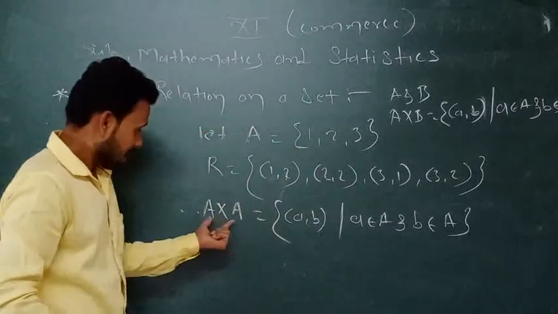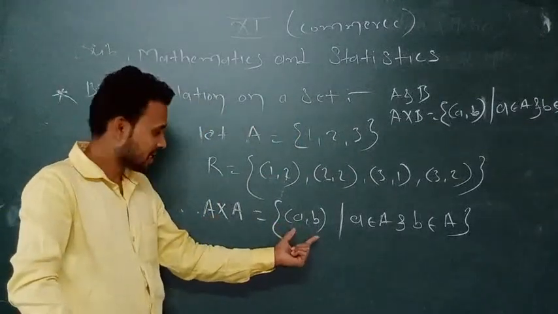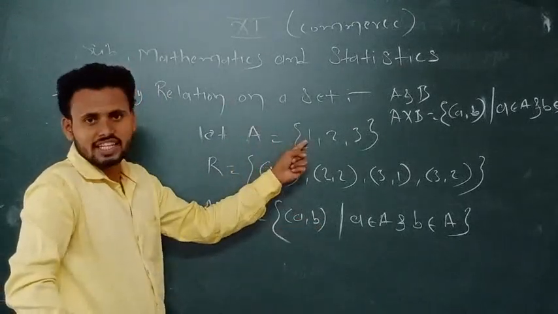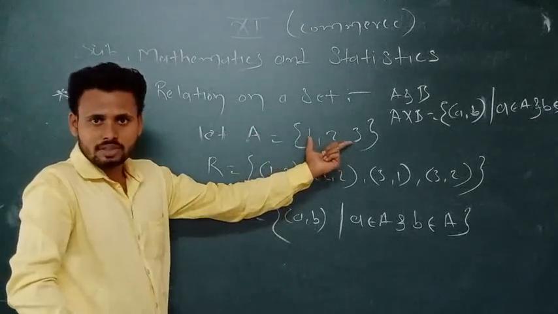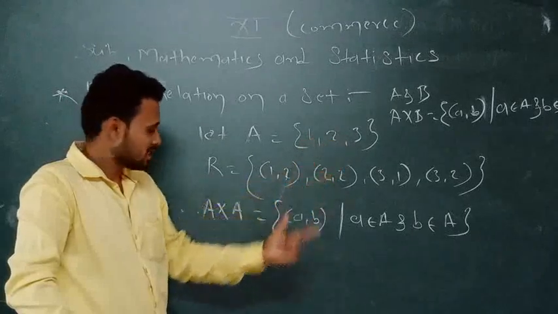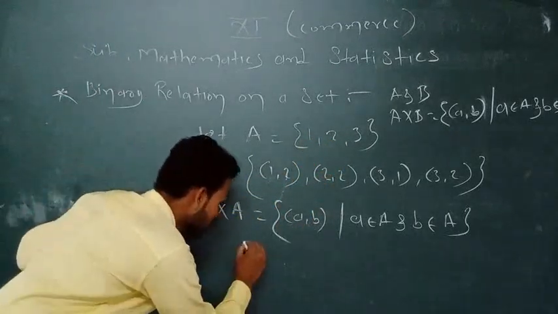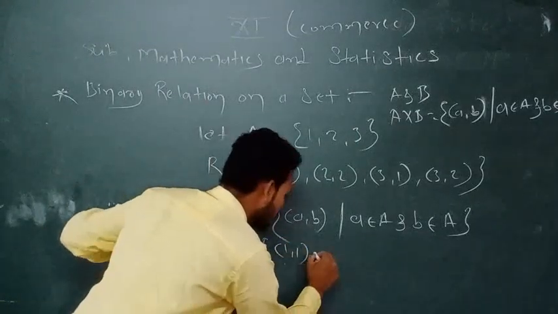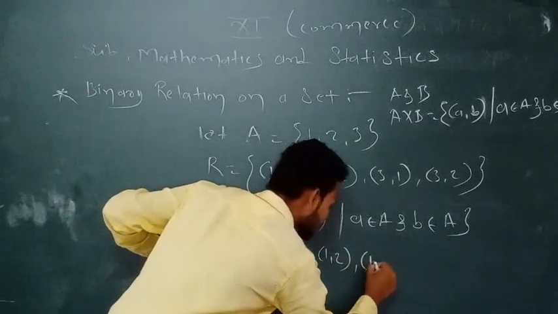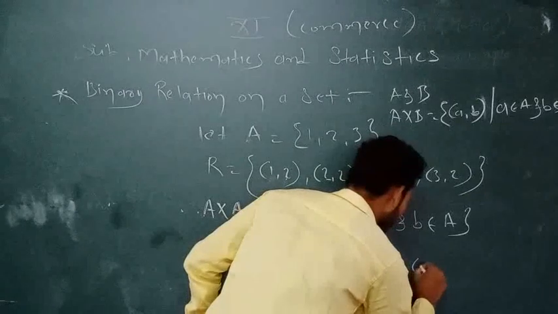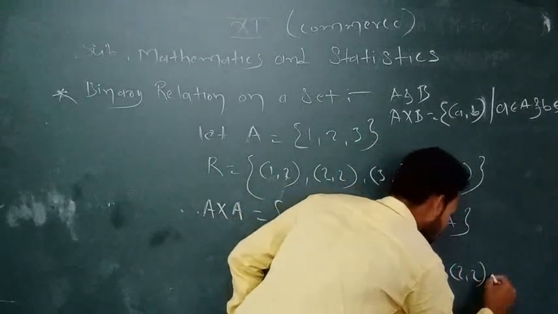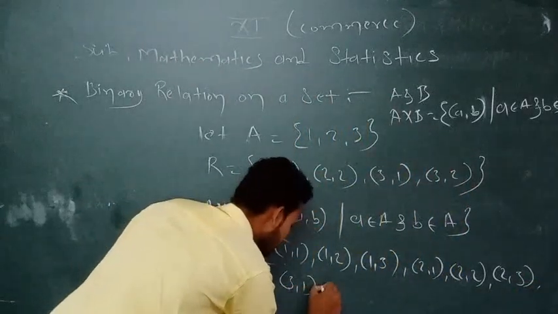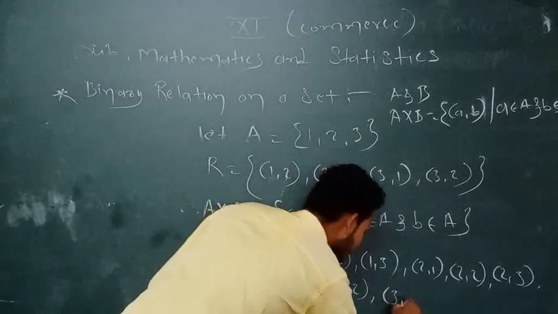It means A cross A contains all ordered pairs such that the first component and second component of each ordered pair belong to the set A. That means the collection of the maximum ordered pairs that can be formed from the elements of set A gives us A cross A. Therefore A cross A is the set containing the elements (1, 1), (1, 2), (1, 3), (2, 1), (2, 2), (2, 3), (3, 1), (3, 2) and (3, 3).